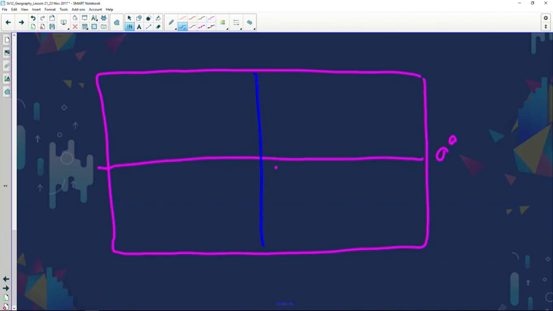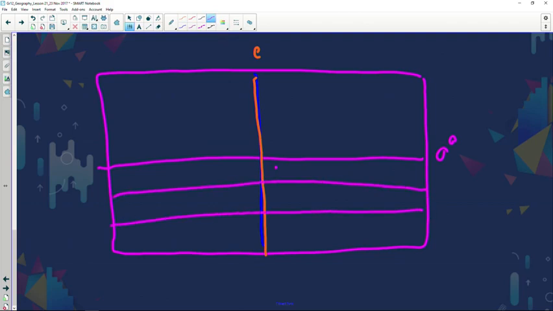The Greenwich. Very importantly, your lines of latitude are the horizontal lines, moving down south.